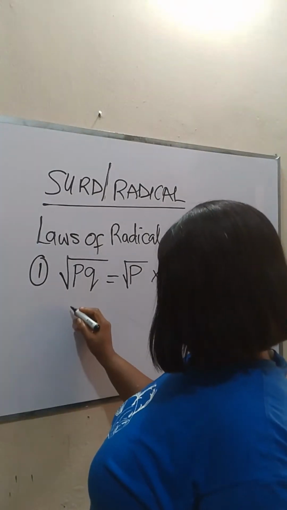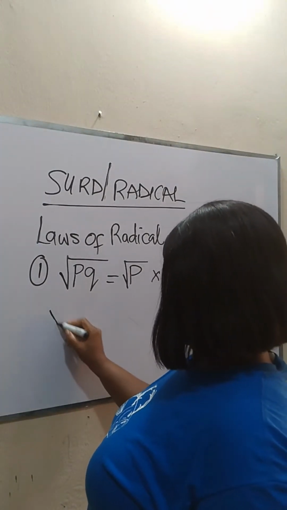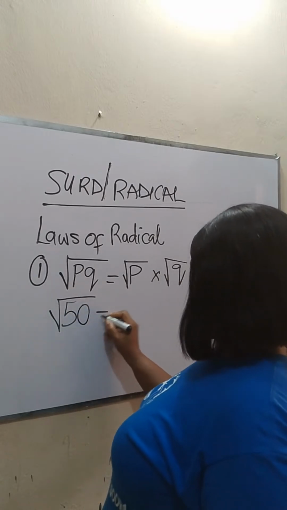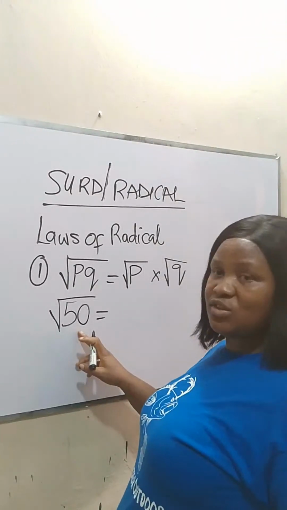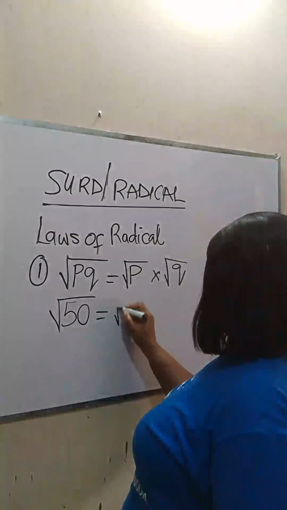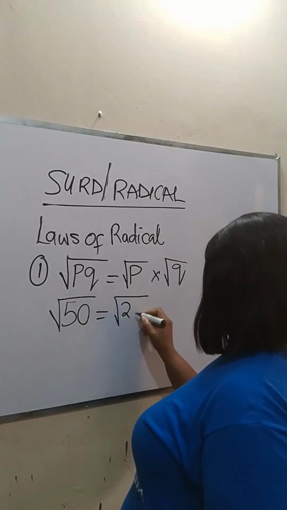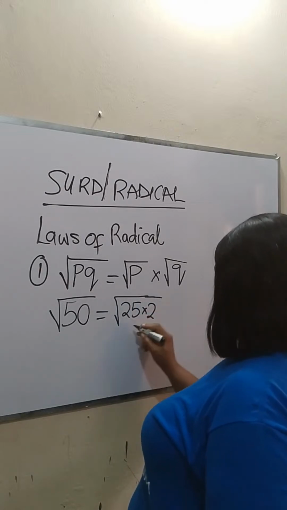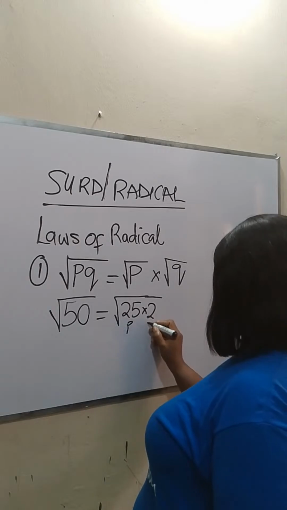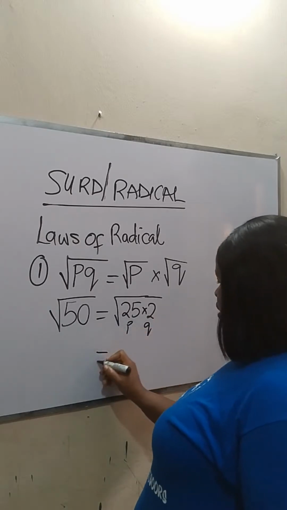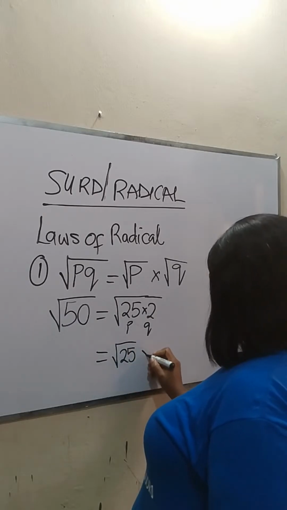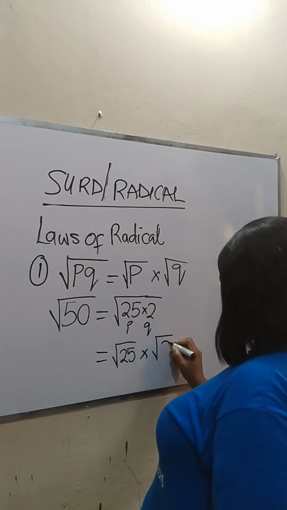If we have something like square root of 50, and 50 divided by 2 gives us 25, we have 25 times 2. This is our P and this is our Q. So this can be written as square root of 25 multiplied by square root of 2.